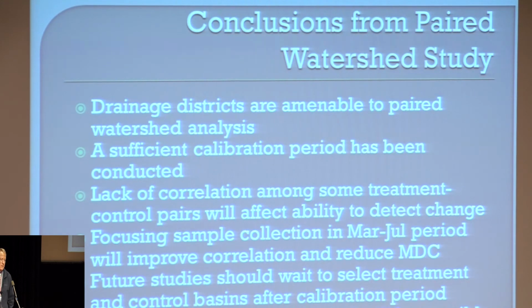And if you get a chance, studies should really consider this relationship before you even decide which one's the treatment and which one's the control, because it really matters which one is chosen versus the other. And detecting an 8% change is entirely possible in this watershed, given the history of sample collection and possible future.